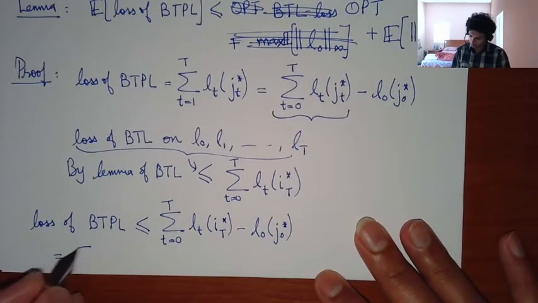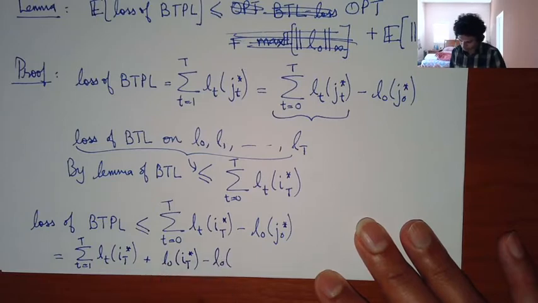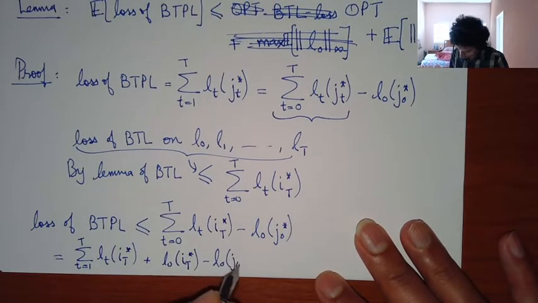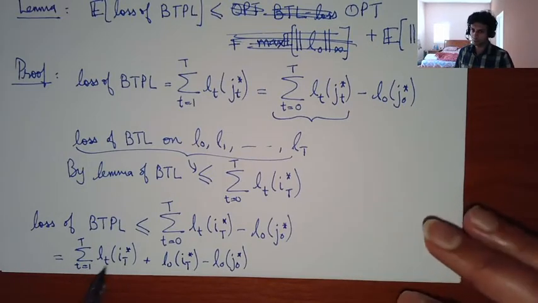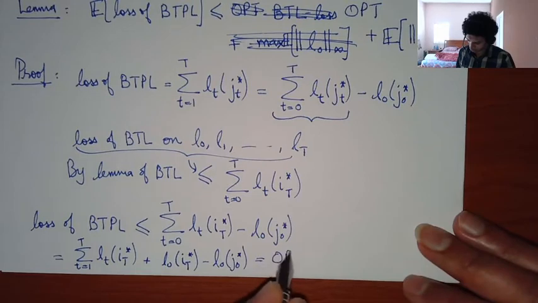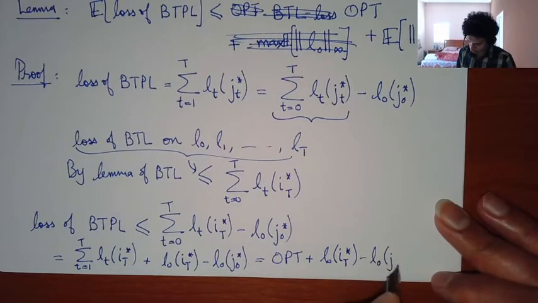And this, I can remove the first step out, so that's just going to be LT IT star plus L0 of IT star minus L0 of J0 star. So what is this first quantity? This is just opt. So I get opt plus L0 IT star minus L0 J0 star.